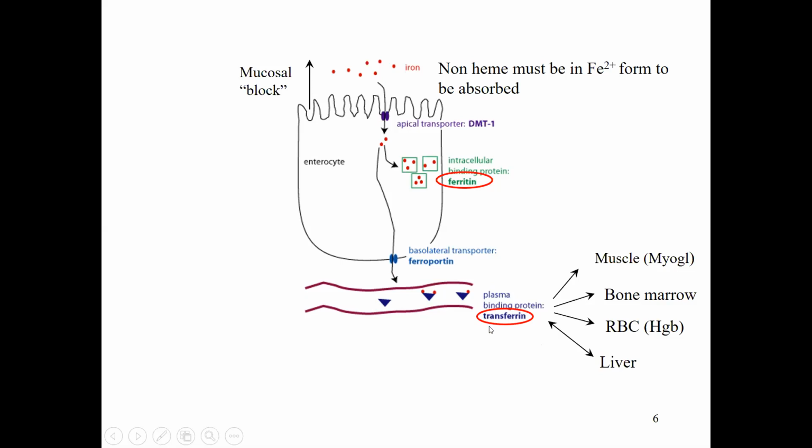If you think about what transferrin is doing, one of the ways it gets recycled, it brings iron back to the liver. The liver can repackage it and use it and send it back along its way. Transferrin will take iron to muscle, where it's used as part of myoglobin. Transferrin will take iron to bone marrow and also to your red blood cells, where iron is a part of hemoglobin.